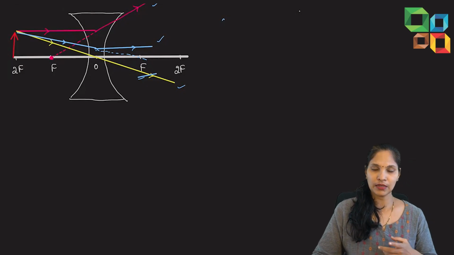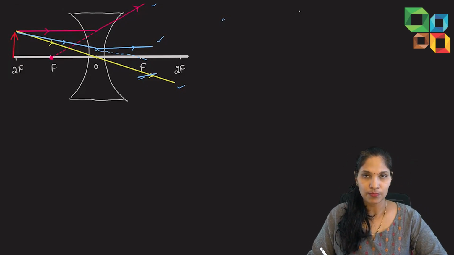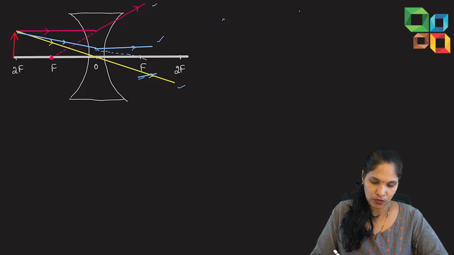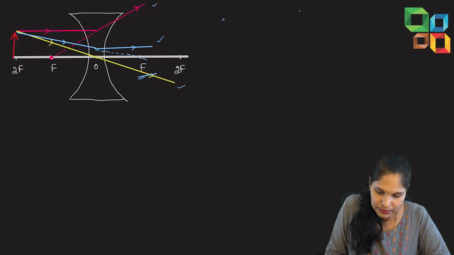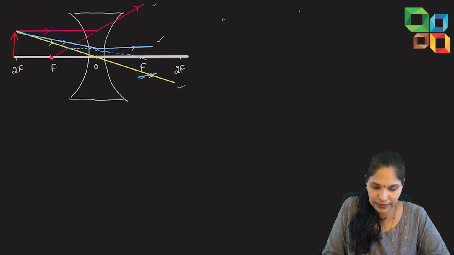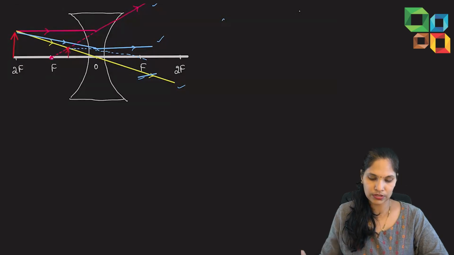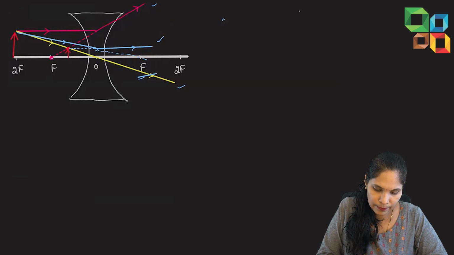We will make them meet on the other side, so we'll extend them back. The pink line is already extended back and it's reaching here. Let me extend the blue line back like this. And the yellow line is one single line, so nothing like extension. So finally, you see the three meet at this point, and this point is where you get the image.